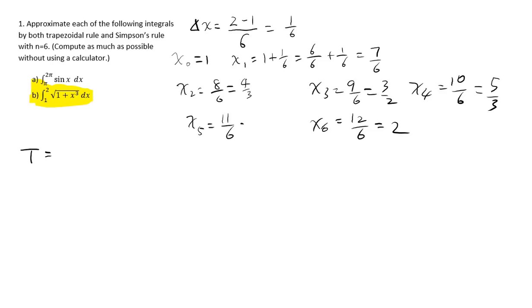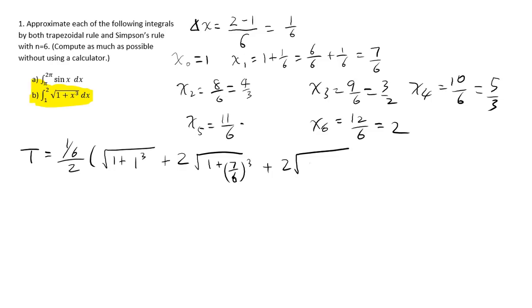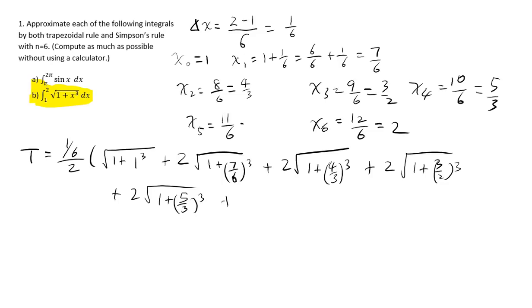Now, T is 1 over 6, that's your delta x, divided by 2, square root of 1 plus 1 cubed, because that's your very first x0, twice the square root of 1 plus 7 over 6 cubed, and then twice the square root of 1 plus 4/3 cubed, plus 2 times the square root of 1 plus 3 over 2 cubed, plus 2 times the square root of 1 plus 5 over 3 cubed, plus 2 times the square root of 1 plus 11 over 6 cubed.